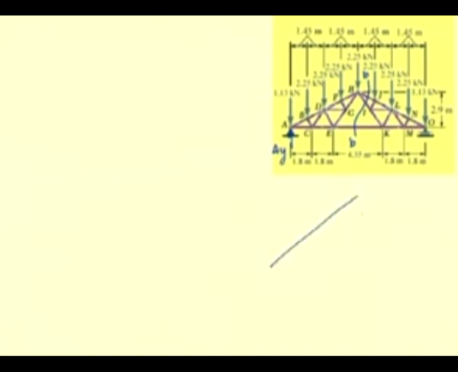So, let me draw this diagram for clarity. And since this section passes through the member HJ, we have the force in the member HJ and we have the force in the member HI as well as the force in the member EK.